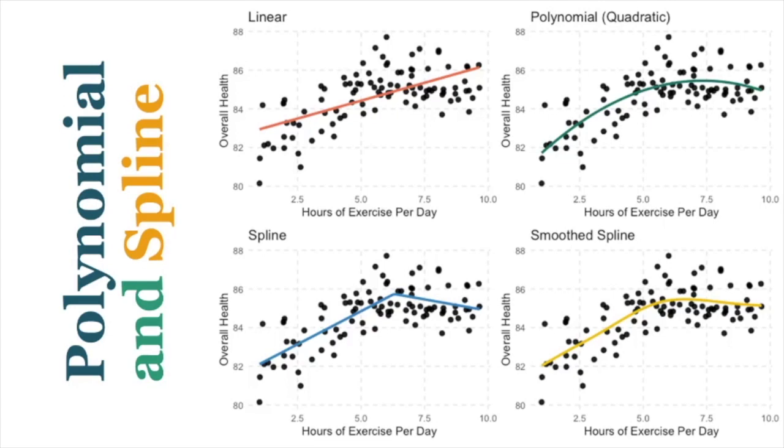Not by a ton, but it looks like it's going to hurt your health. Now, we don't get that kind of interpretation if we just assume that's a linear relationship. We just assume that if you increase your exercise, it's always going to benefit your health. And in this case, that doesn't represent the data very well.